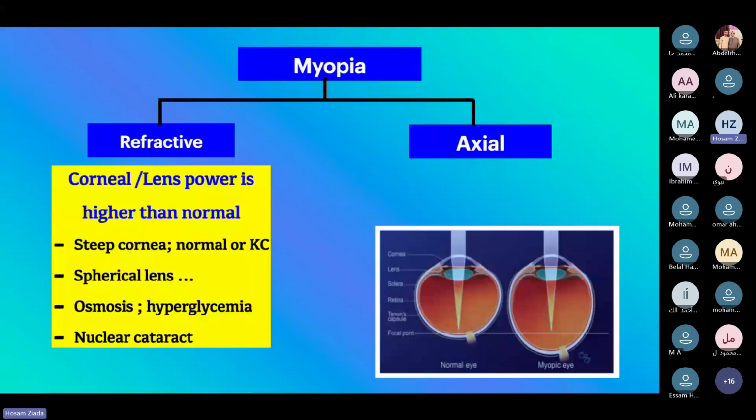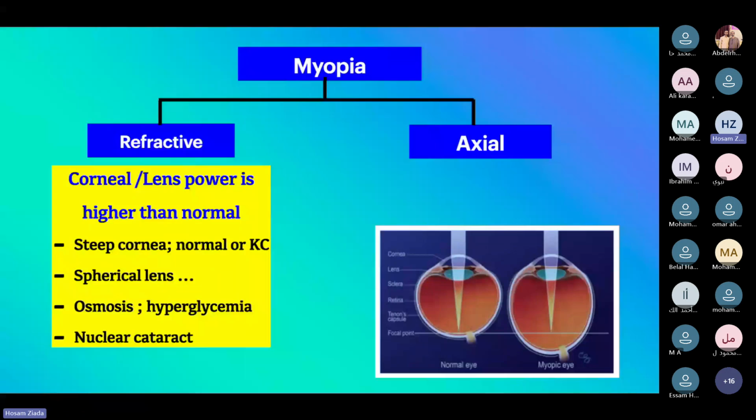Perfect. So you need to decrease the power, right? So which kind of lens will we use, divergent or convergent? Divergent, I think.